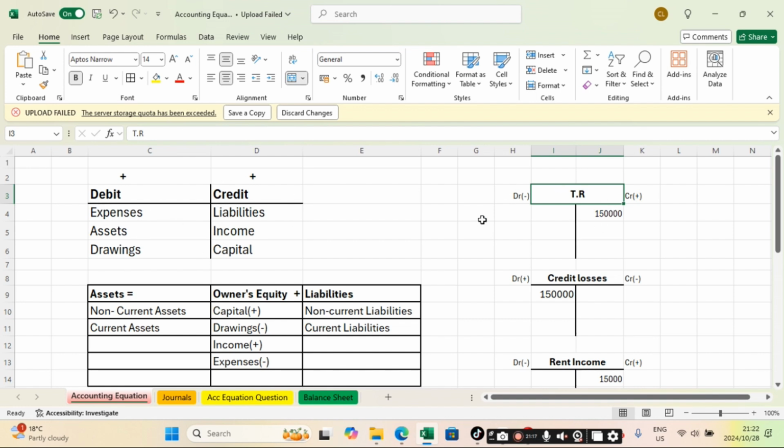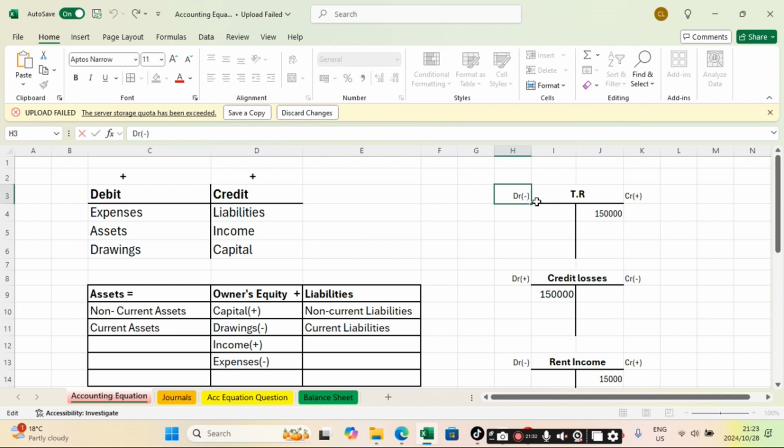On our ledger, where does trade receivable fall? It is part of our assets. So meaning the debit side is increasing and the credit side is decreasing. So on the debit side we can just say plus, and the credit side is negative.